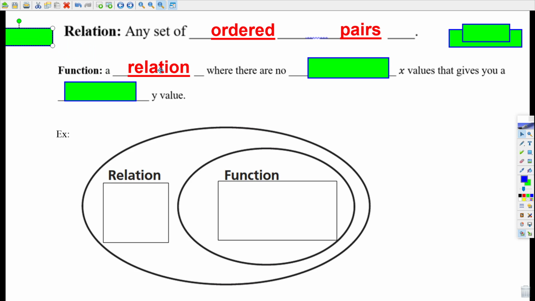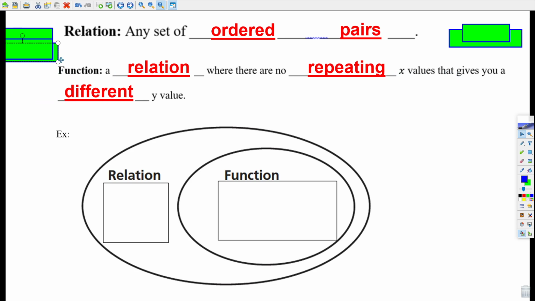It is a relation, but it's a little bit more than just that. So maybe remember how to test whether you have a function or not. In this particular case with ordered pairs, you don't have any repeating x values that give you a different y value. That's usually what we're looking for. Do the x values repeat and go to a different y value?